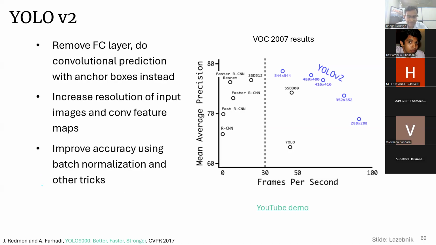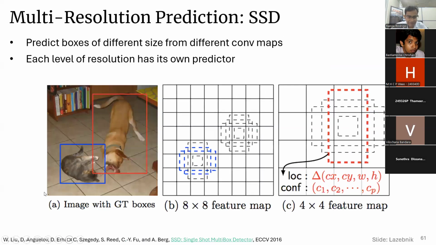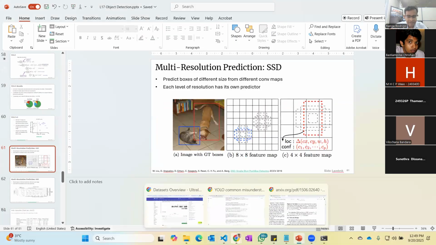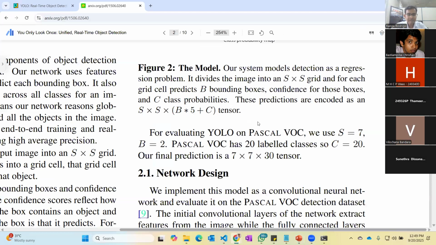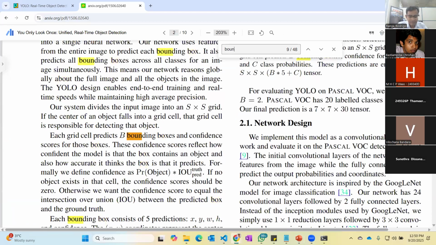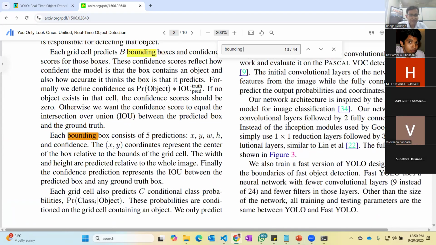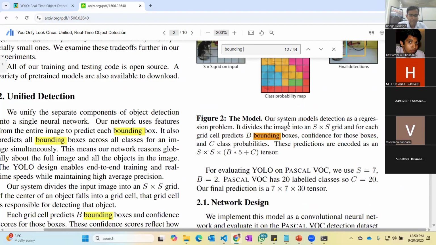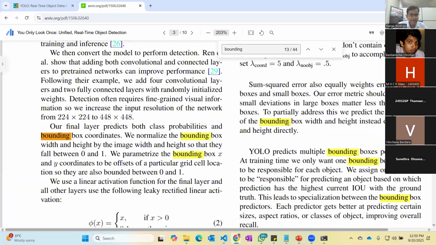Let me see whether I can find that in the paper. Maybe I don't remember this. How they initialize the bounding boxes.